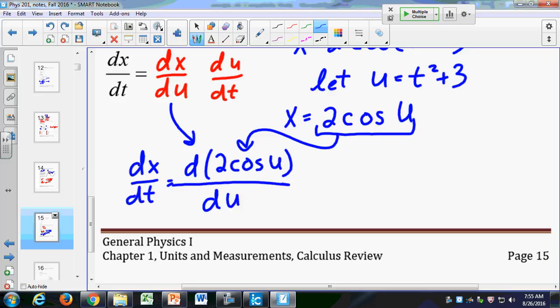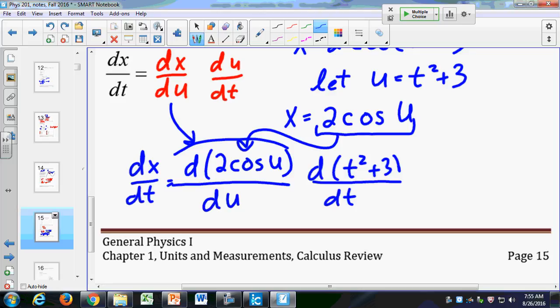Here's my dx/du, this whole thing, times du/dt. That's going to be the derivative of t squared plus 3 with respect to t. Now both of these derivatives separately we can do. So I take this derivative, and then I take this derivative, and then I'm done.